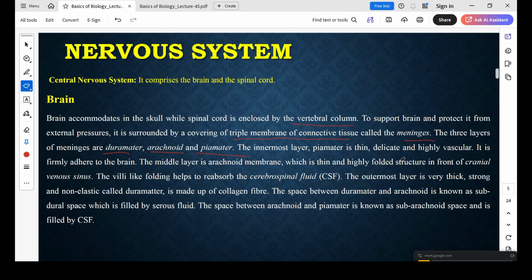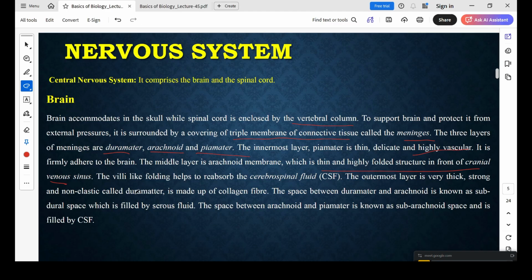The innermost layer is very thin, it's kind of delicate, and it's highly vascular, which implies that all of the blood flow is going on in the pia mater. The middle layer is known as the arachnoid, which is thin and highly folded structure in front of the cranial venous sinus.